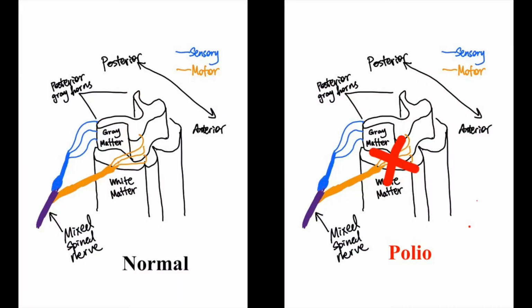It destroys the motor nerves emerging from the anterior gray horns. Infection can cause total paralysis within a few hours. Patients will also suffer from atrophy of the denervated muscles. This is an example of pure motor lesion. Fortunately, this disease has been eradicated in most countries and will be eradicated globally very soon.